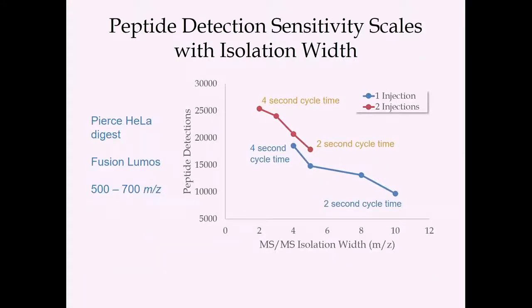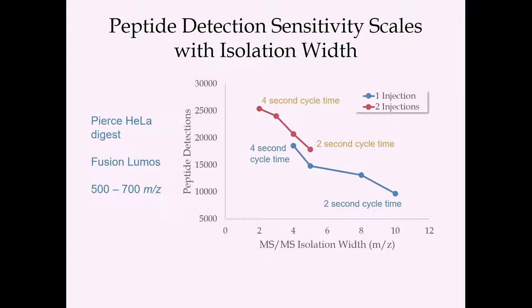So this is the thing that's really hit home for us. And that is when we started doing experiments, these are data collected only from 500 to 700, so really narrow total mass range. And we did the experiment with varying different isolation widths. You'll notice these are all very small compared to what people are generally talking about, DIA or SWATH. And in some cases, we did 1 injection, but we didn't want to go beyond a 4-second cycle time. But in general, the cycle time didn't affect our ability to detect a peptide.